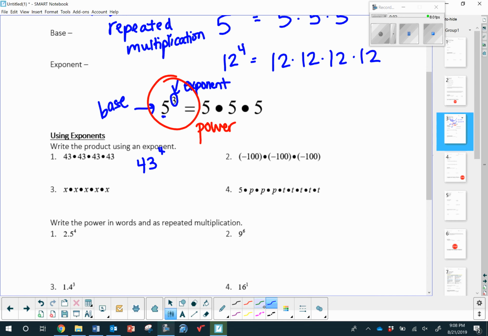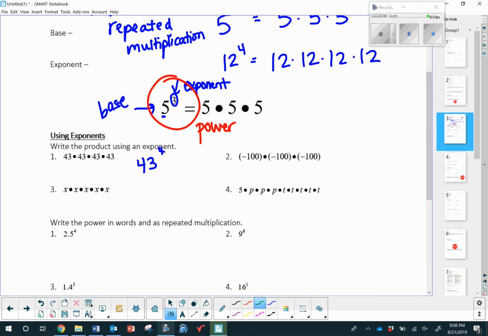A word of caution, something to watch out for, a common misconception: this is not 43 times 4. It is 43 times 43 times 43 times 43. Two very different answers. So make sure that the exponent actually tells you how many times of that base you have.